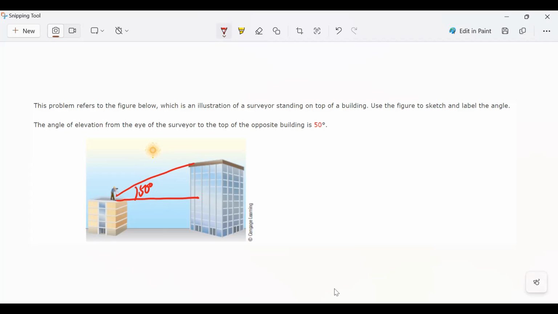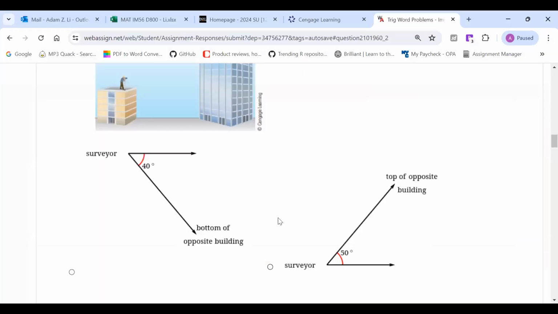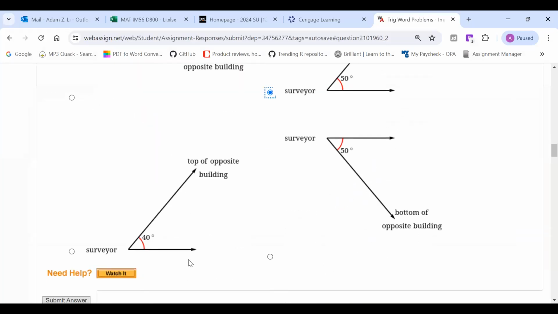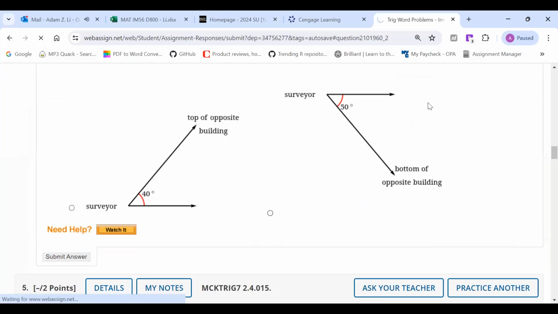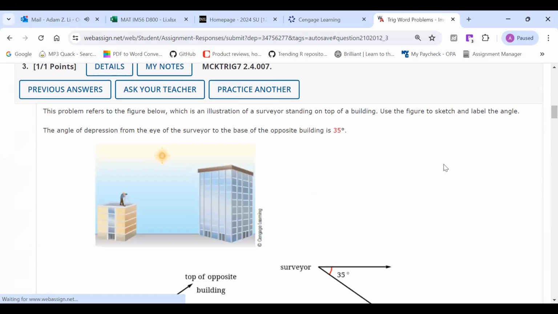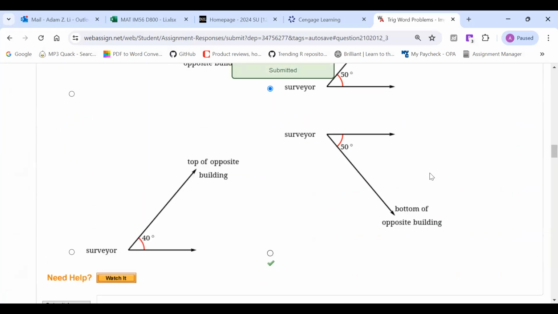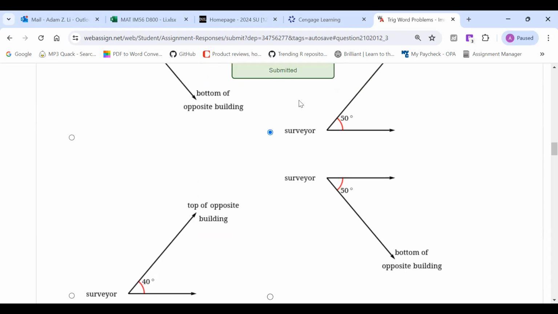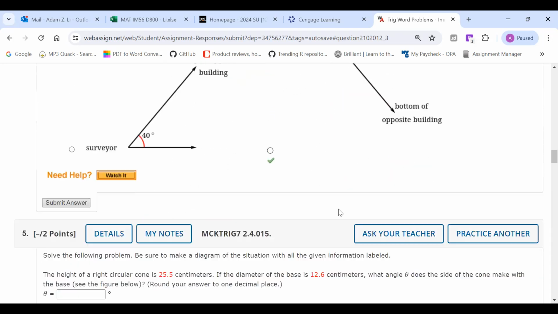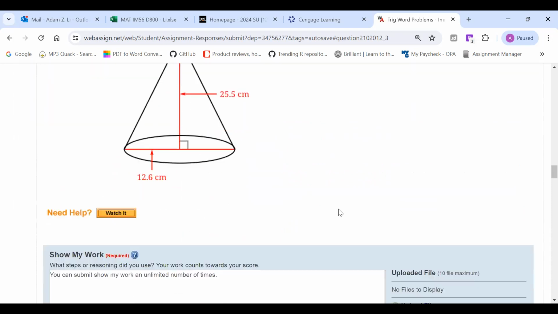So a 50-degree angle, and then let's go back. There will be this, right? Okay. So there. Yep, let's go answer, right? Submitted, it's correct.